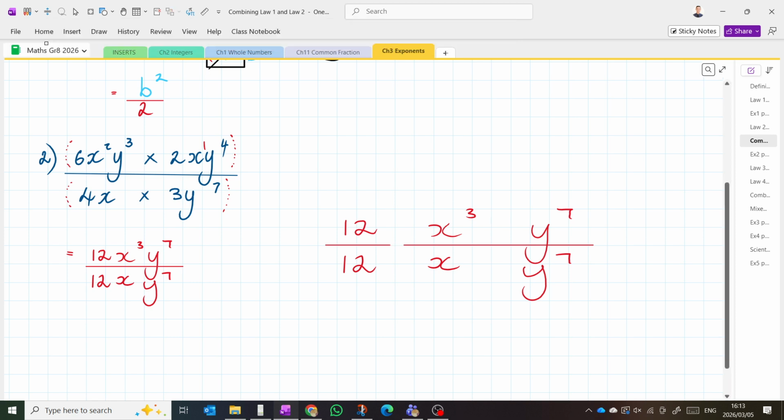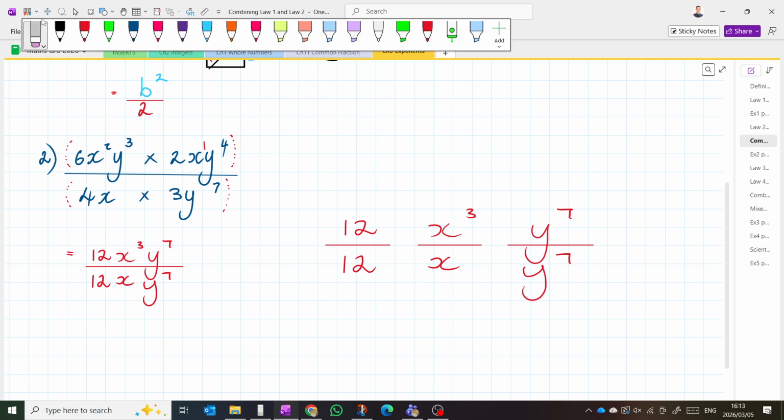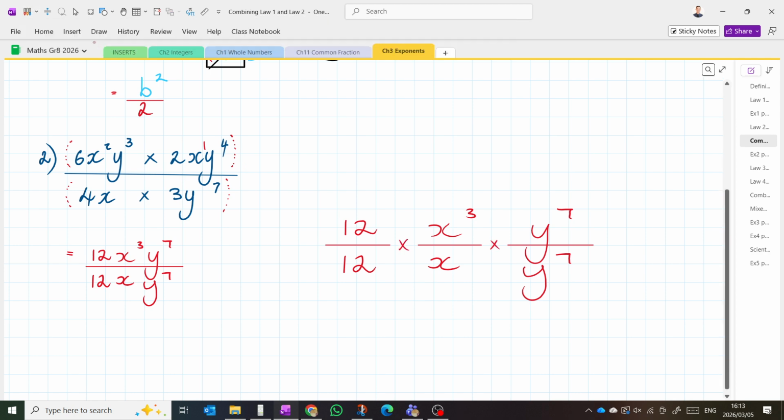These can be treated as 3 separate multiplications. 12 divided by 12 is going to be 1. Something divided by itself is 1. They cancel out, leaving 1 behind. Let's ignore the x in the middle for a second. Let's go to the y's. Same thing. Y to the 7 divided by y to the 7 cancels out, leaving a 1 behind.